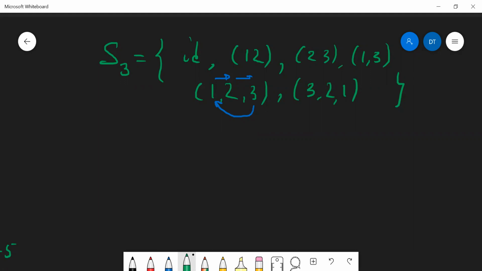Okay, let's try to compute some subgroups here. A subgroup is a subset in S3 which obeys several rules. Do you remember the rules?